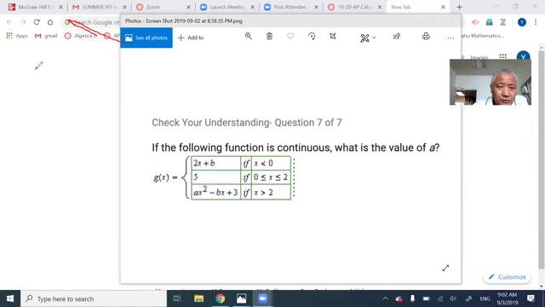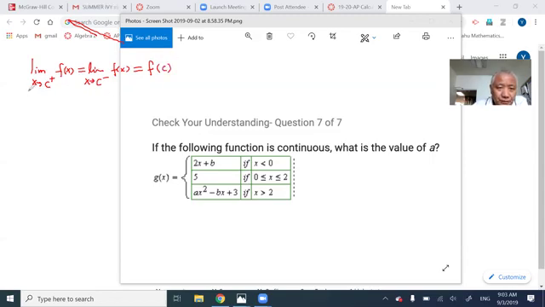Continuous means the limit when x approaches a certain number, for example c, from the right side of the function will be the same as the limit as x approaches that point from the left side of f(x), and that will be equal to f at x equals c.